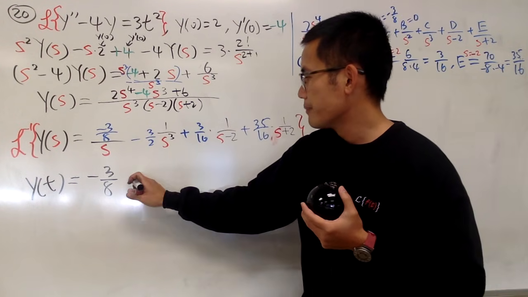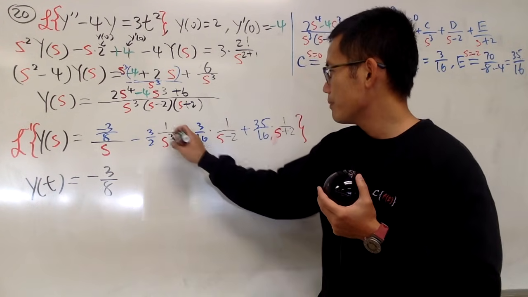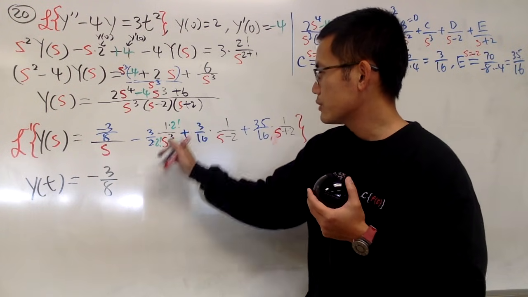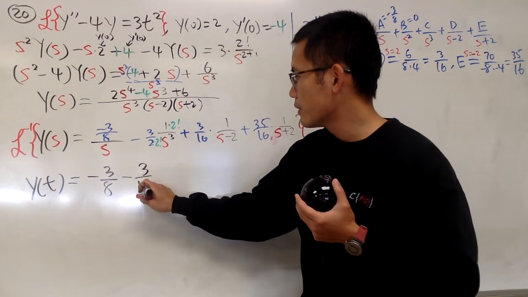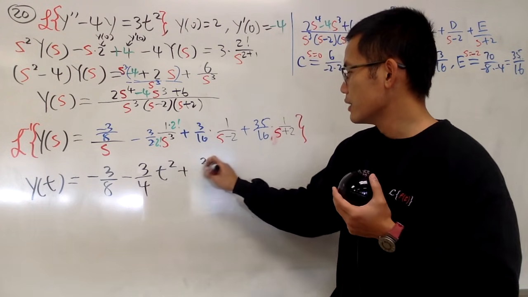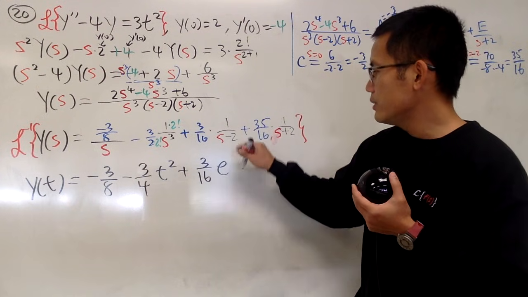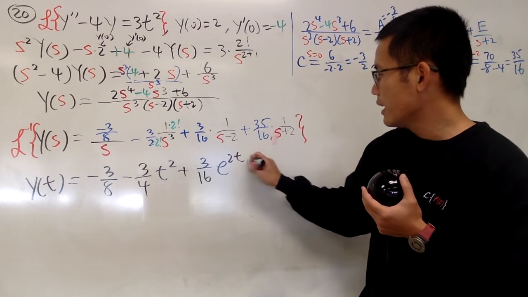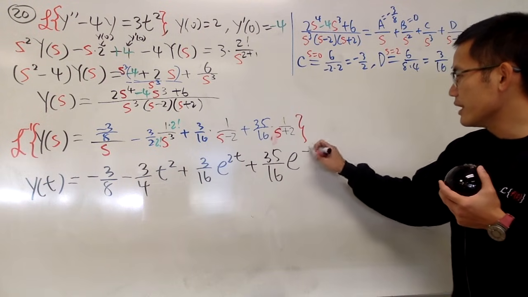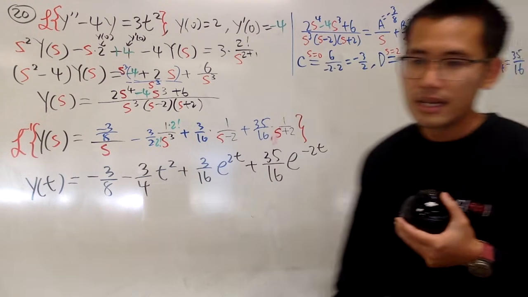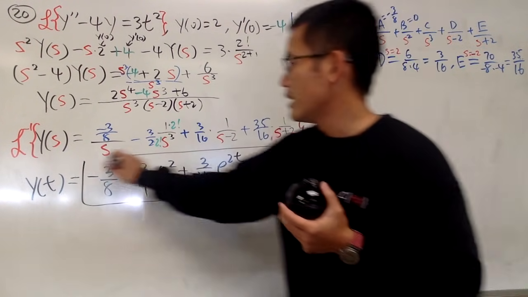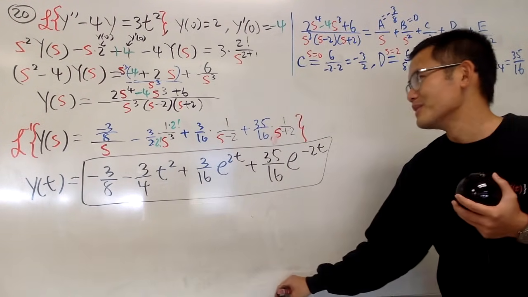So you have to multiply by 2 factorial and divide it by 2 factorial. So you actually get negative 3 over 4 t squared, and then plus 3 over 16. A is 2, so it's 2t, and then plus 35 over 16 e to the negative 2t, like this. All right? So, just like that.